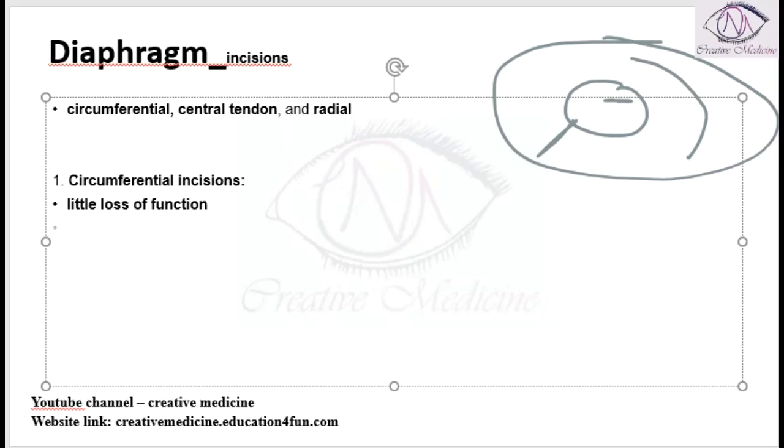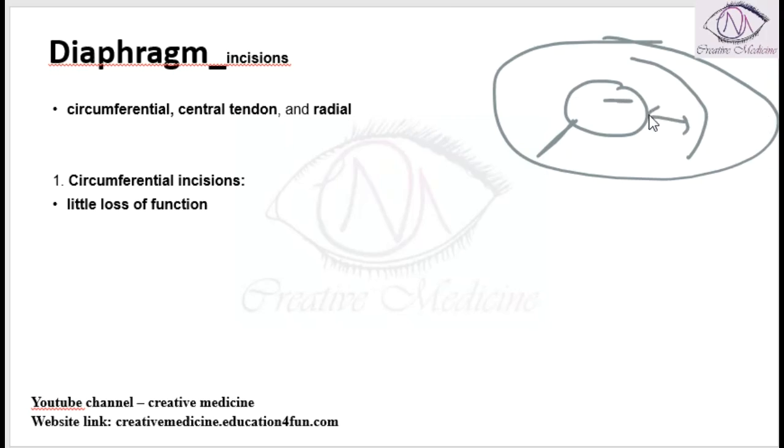Now these circumferential incisions should be put at least 5 centimeters lateral to the edge of the central tendon. So if this is the central tendon, they should be at least 5 centimeters away from it, mainly to avoid injury to the branches of the phrenic nerve, because branches of the phrenic nerve are present within 5 centimeters of the central tendon.